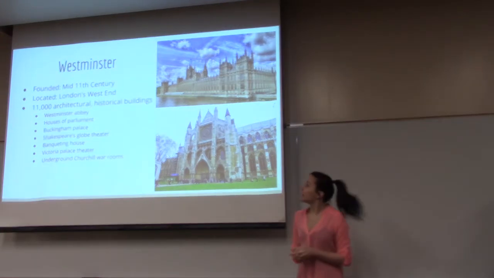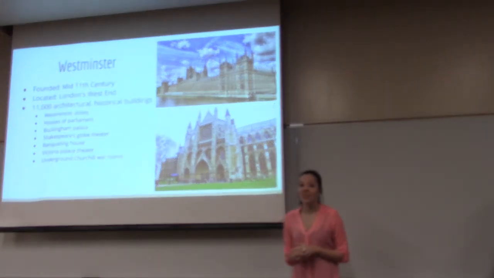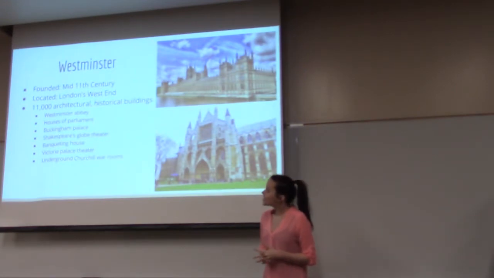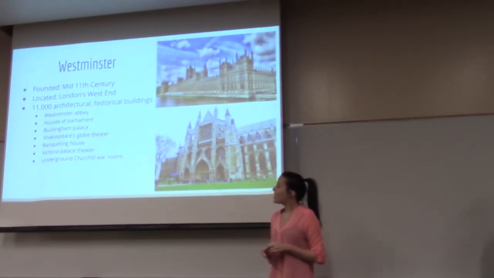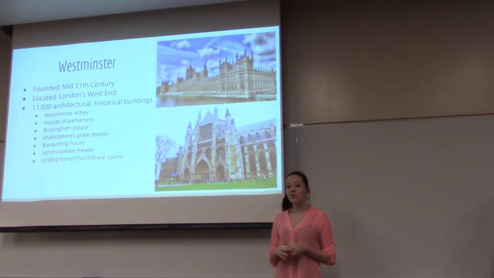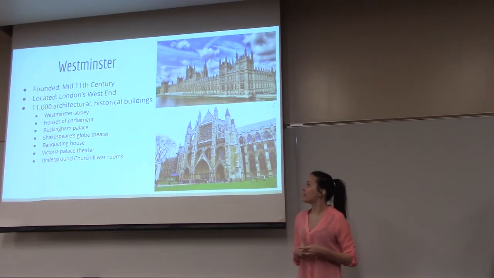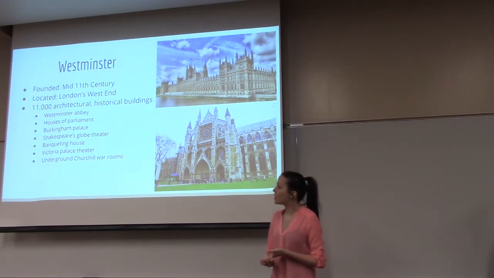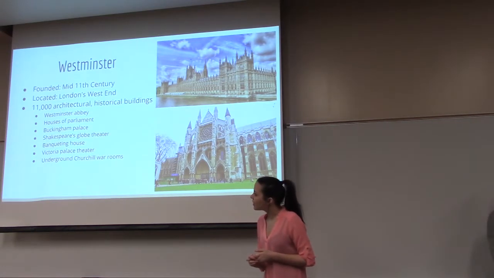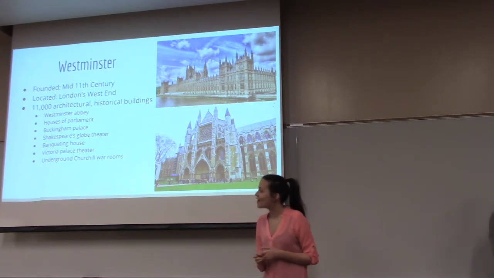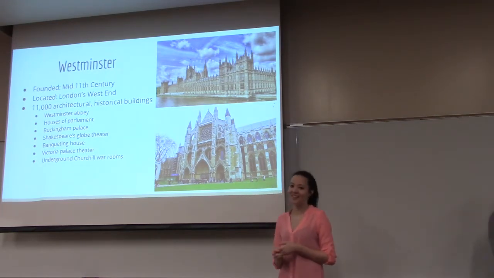Westminster was created in the 11th century. It's on London's West End, and they have 11,000 architectural historical buildings, so that's a fun fact about Westminster. They hold Westminster Abbey, which is very famous, along with the theaters, the Shakespeare Theatre, the Banqueting House and Victoria Palace Theatre.